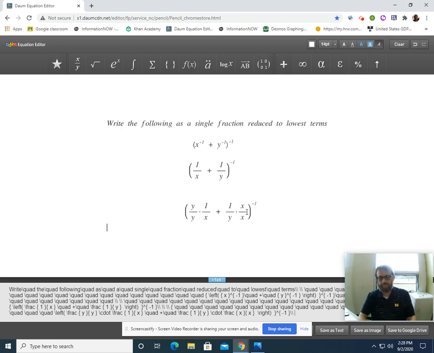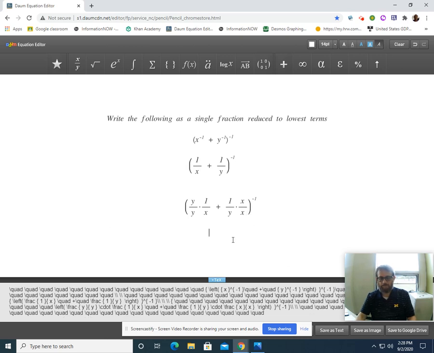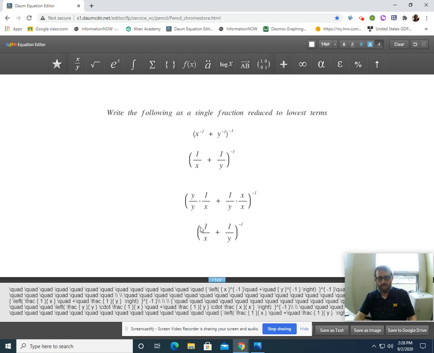And now what I have is y on top, xy on bottom, x on top, and xy on bottom.